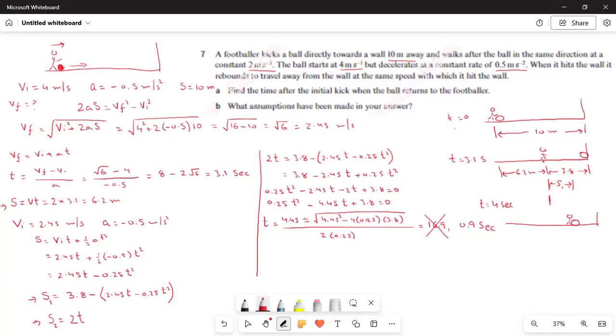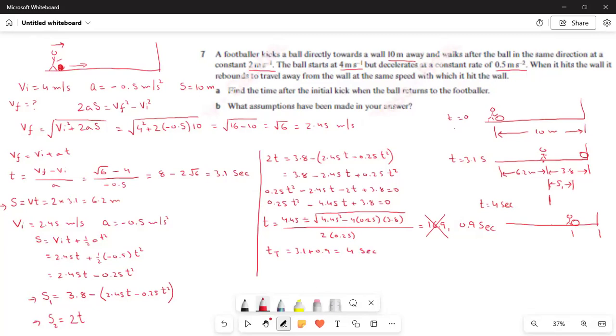The ball travels from the wall to the player, and the player moves from this point to here. How much is this distance? We will calculate in a second. The total time we need to find out is 3.1 plus 0.9, so this is 4 seconds.